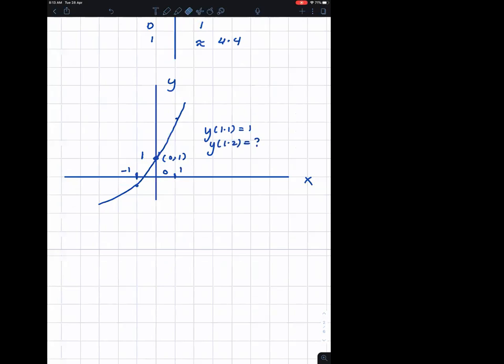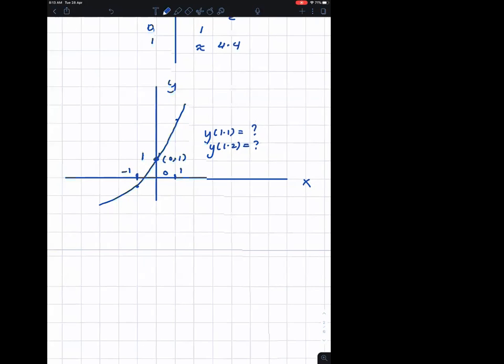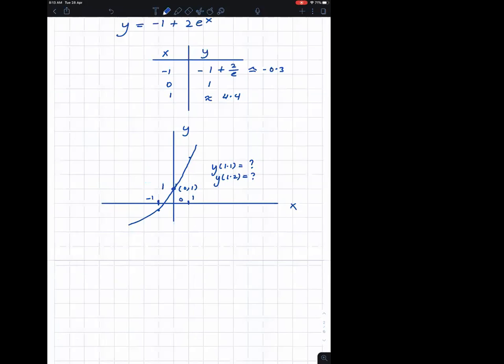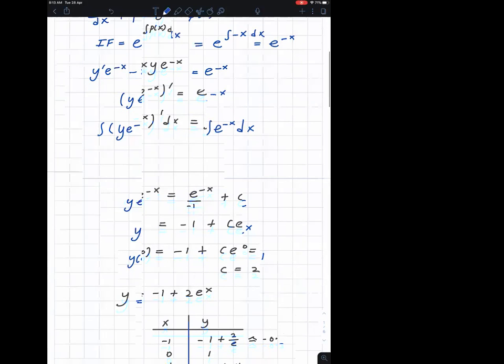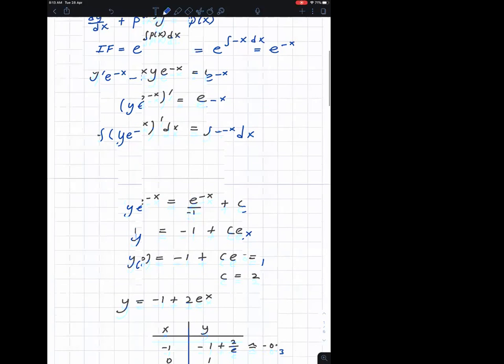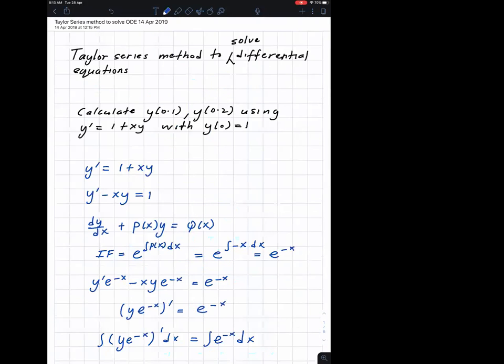So this we are going to solve by the numerical Taylor series method. By the way, I'm doing this problem to help you with your previous assignment. The previous assignment is supposed to compare the exact solution with a numerical solution.